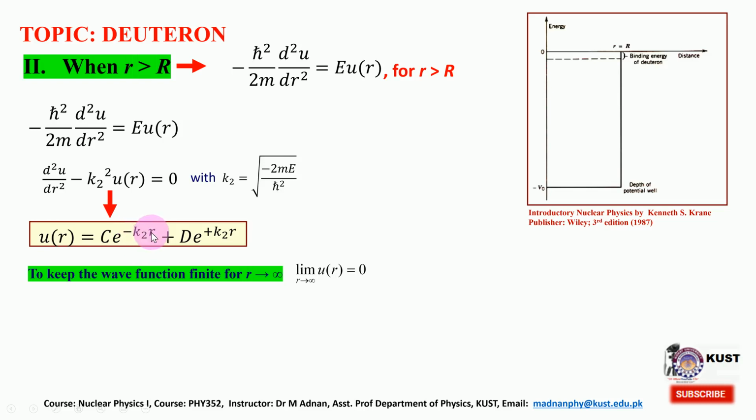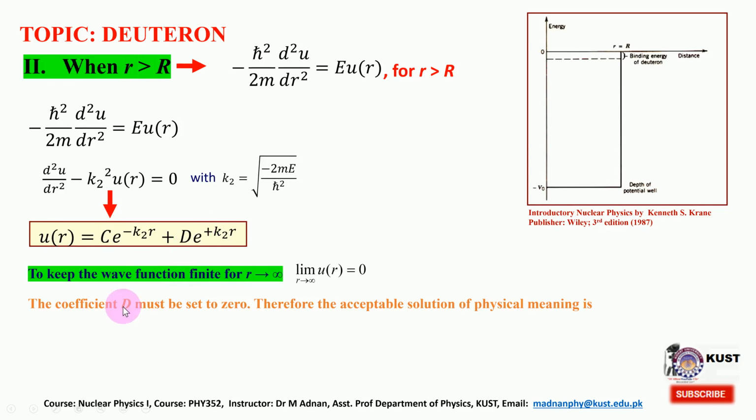So when R is very large, this will decay, this will go to 0. And what about this thing? Again, K2 is positive, so when R is very large, this is a growing solution. Once this is infinity, in that situation this thing will go to infinity. But as I told you, the finiteness requires that this should go to 0.